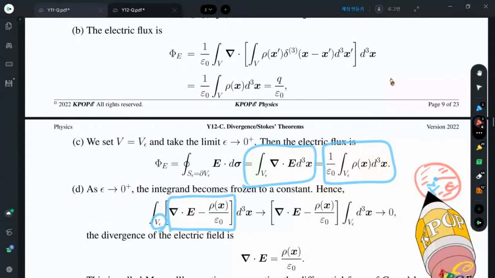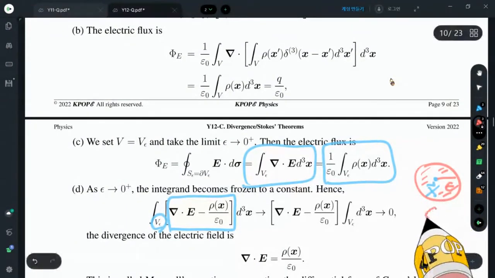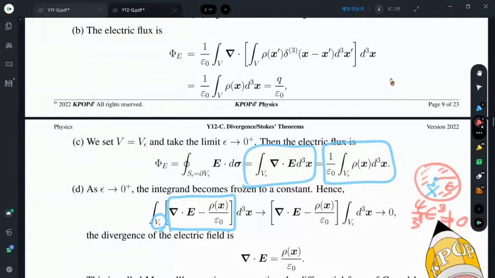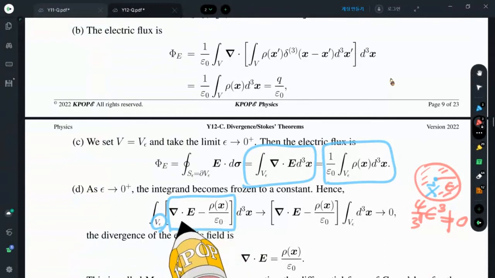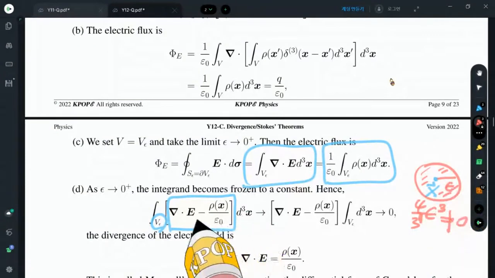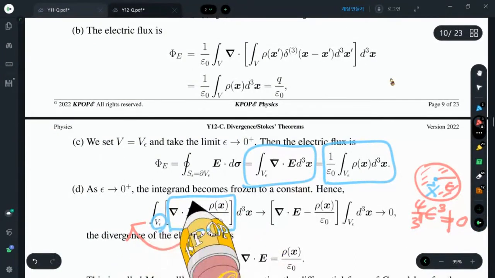Even though this volume is very tiny, its volume is not equal to zero. If epsilon is very tiny, this integrand becomes a constant measured at point X. So I can pull this one out because this integral is trivial.